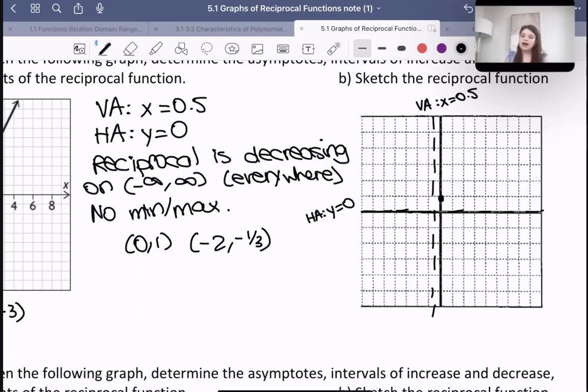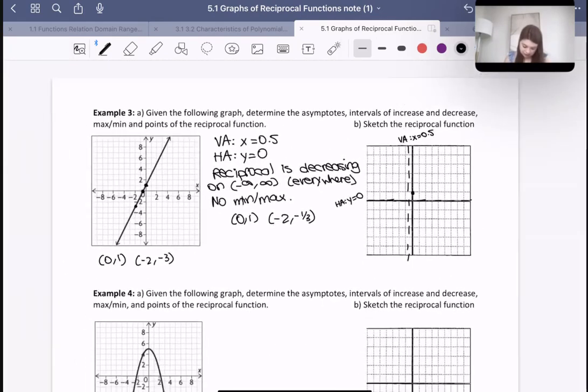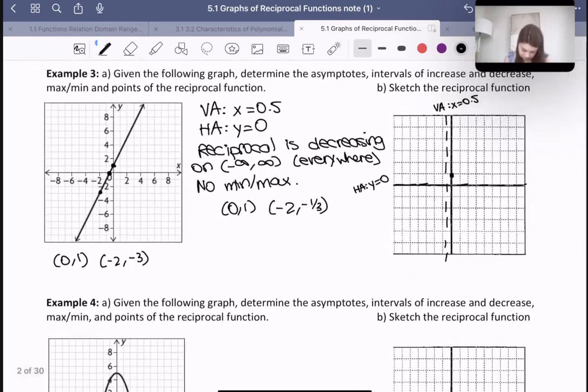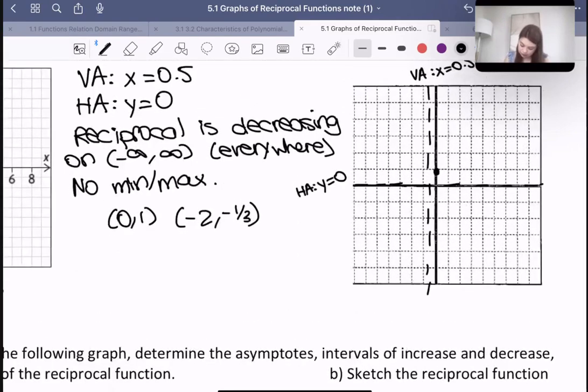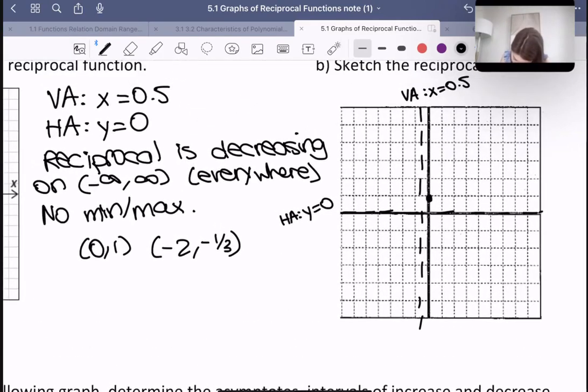And what else do we have? Okay, what else do we have here? We have -2, negative a third. So we have something like that. Then let's draw this. And there we go. Okay.